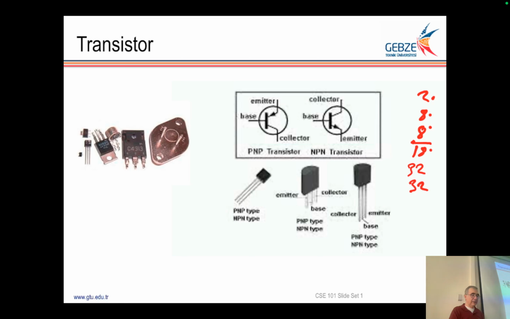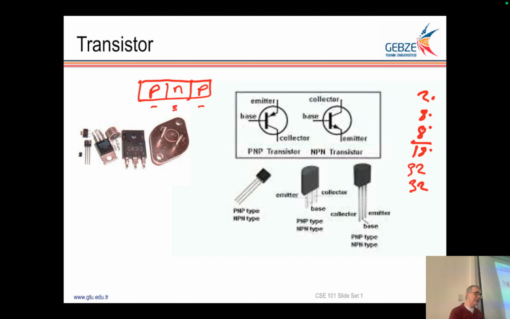But when you combine P and N, this has fewer electrons. This has fewer electrons. This has more electrons. This becomes not a conductor in steady state.